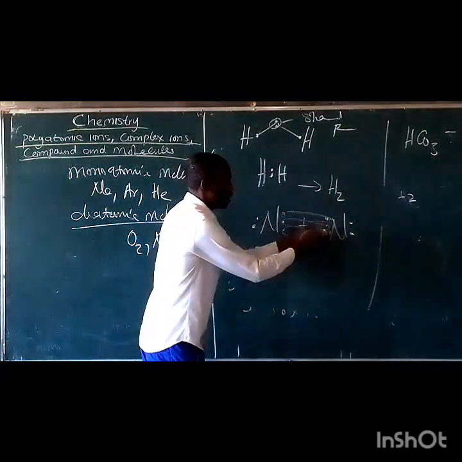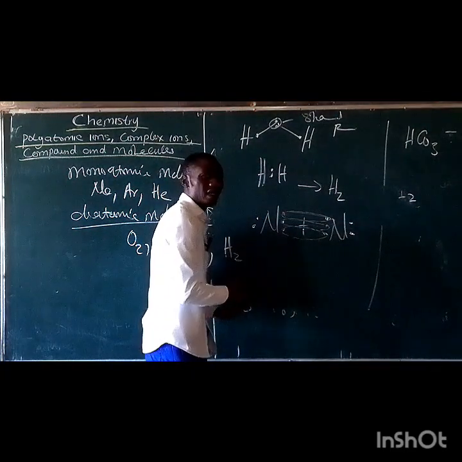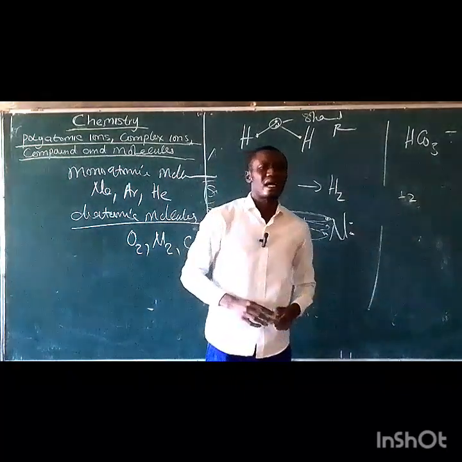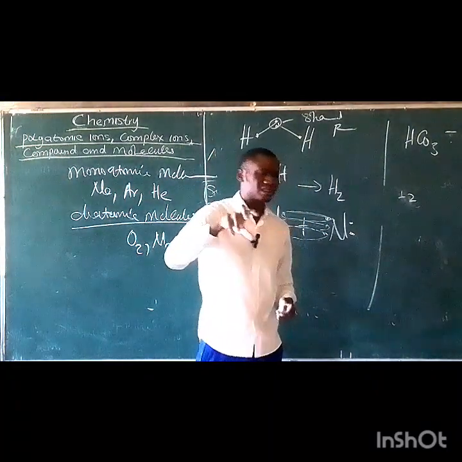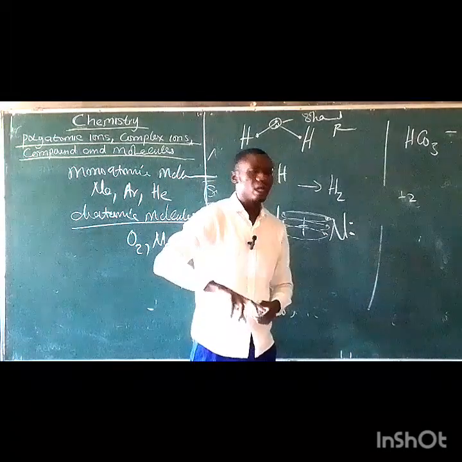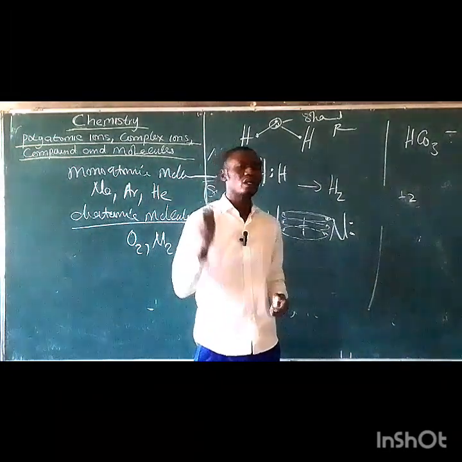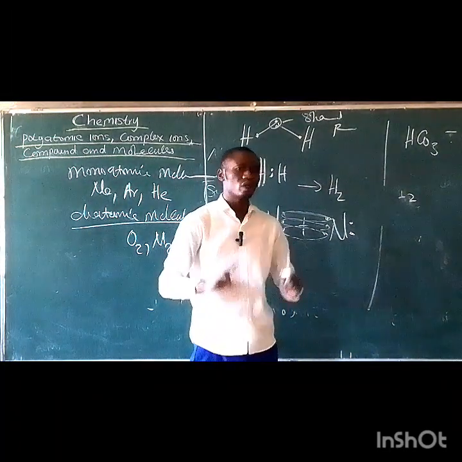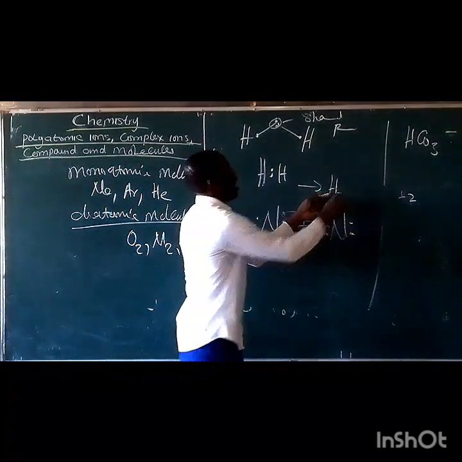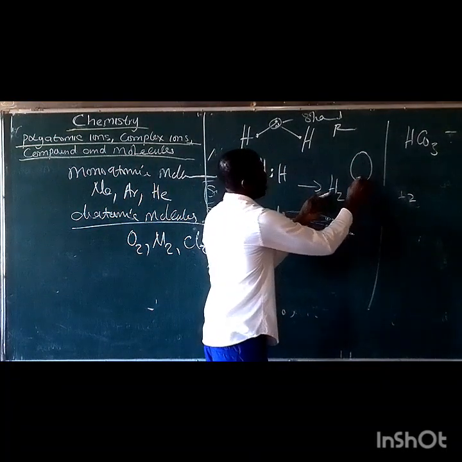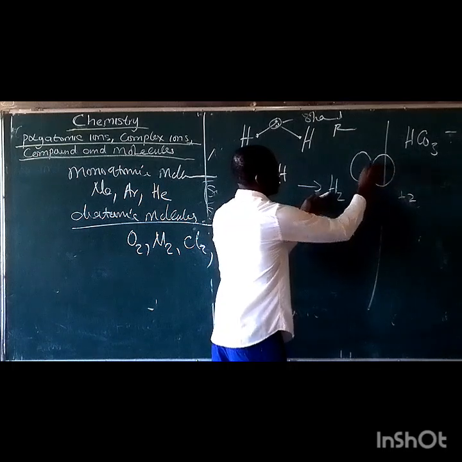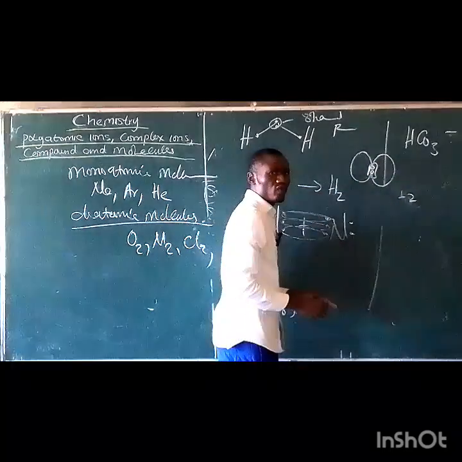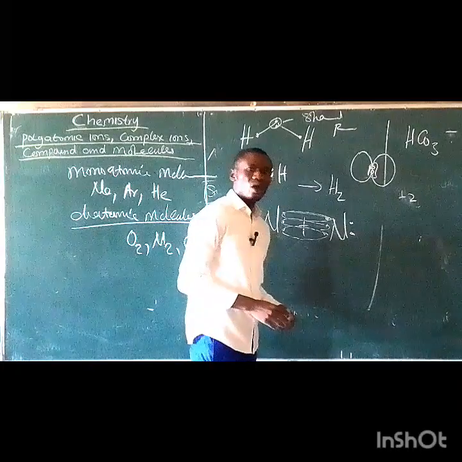Each contributes an electron to the other so that they can be stable. Because for an element to be stable, it must have an octet configuration in the outermost shell, or a duet configuration. This already has a duet configuration in the outermost shell.